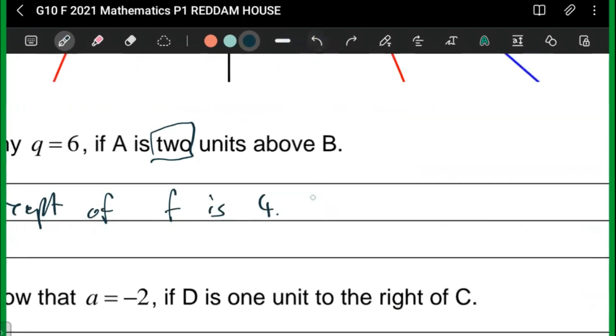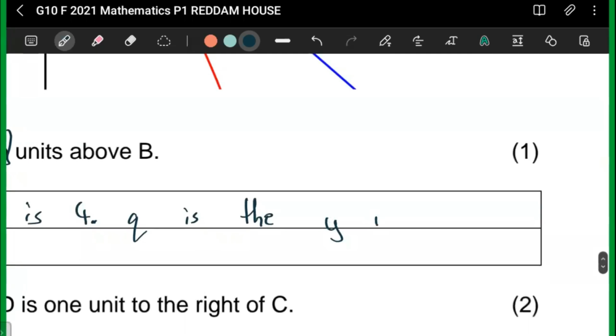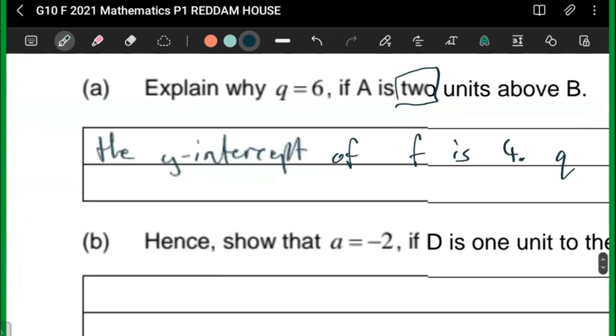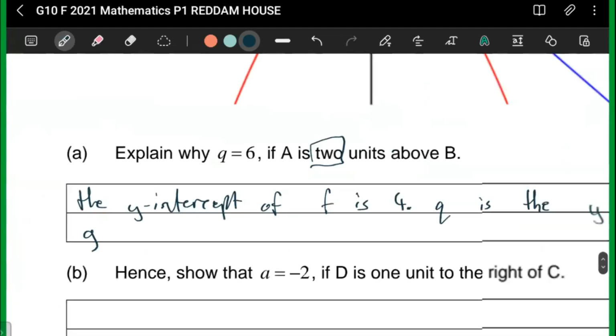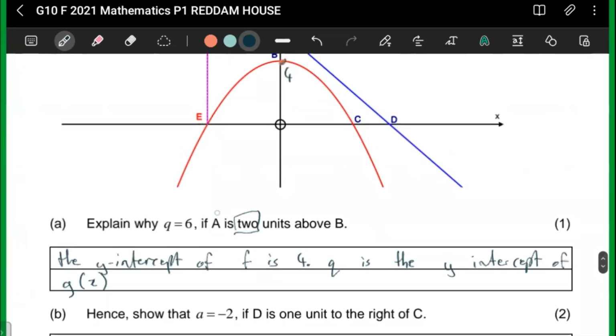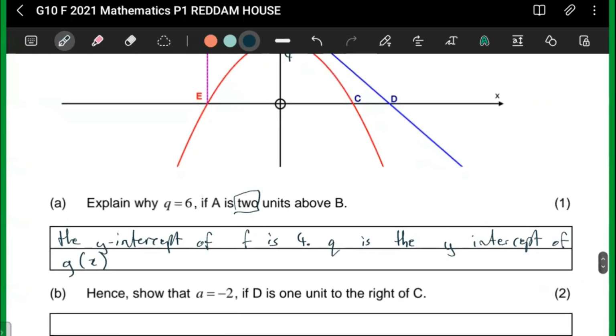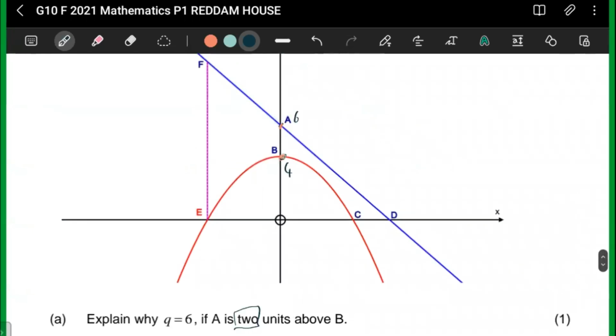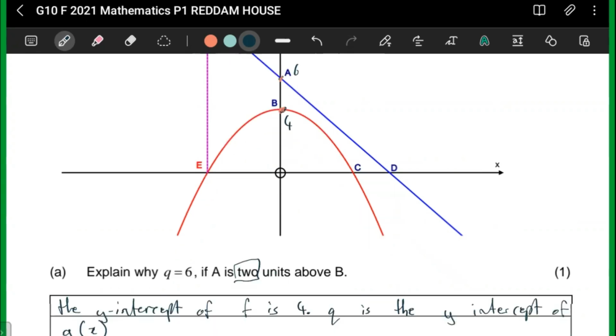And then here you can say Q is the y-intercept of the graph of G. That is the reason why this is a 6, because if this is a y-intercept and this is a y-intercept, 2 up is just going to give you a 6. So nothing major there. So let's move on.